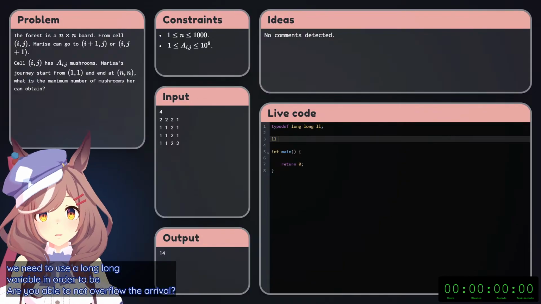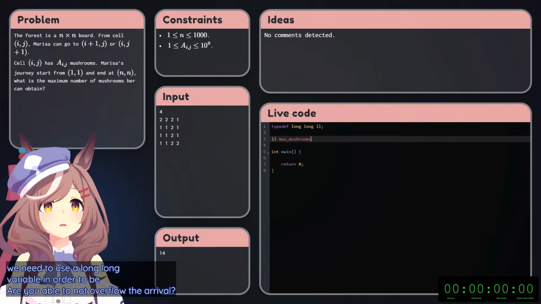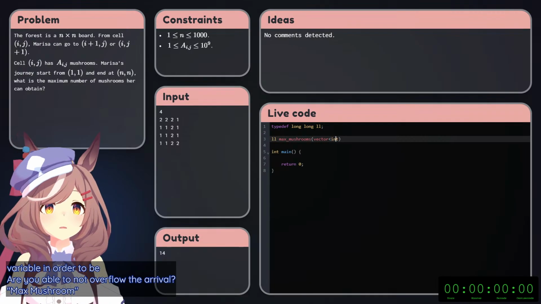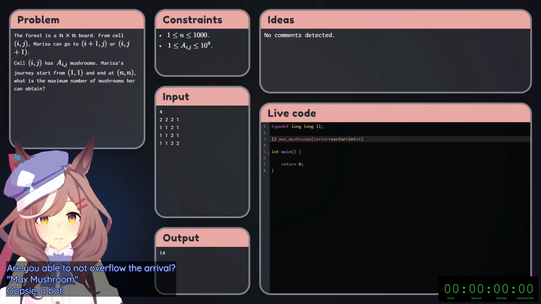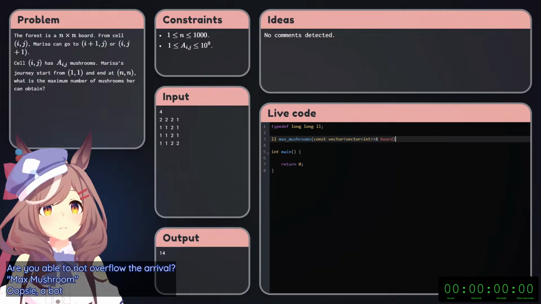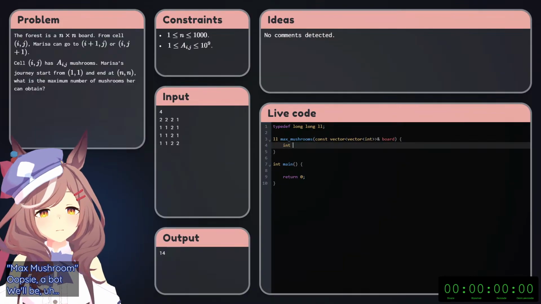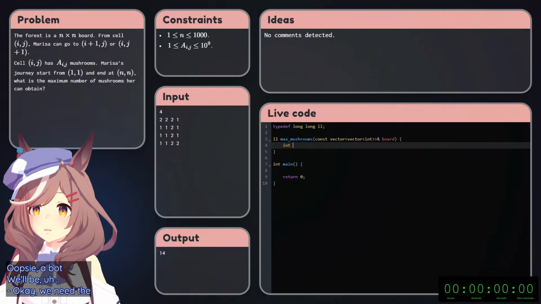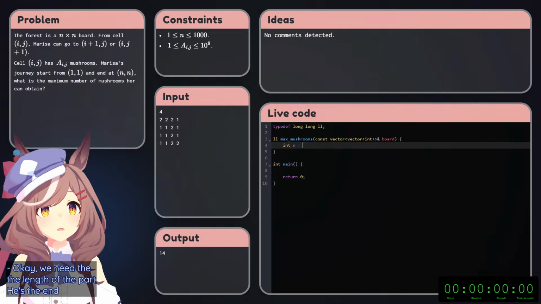So the long max mushroom of the board. We need the width and the length of the board, which is n, equal to board size.